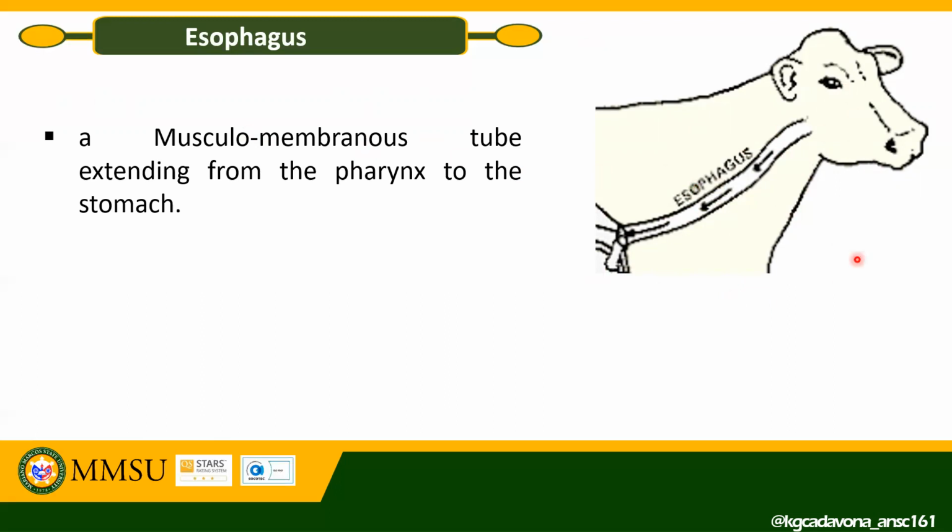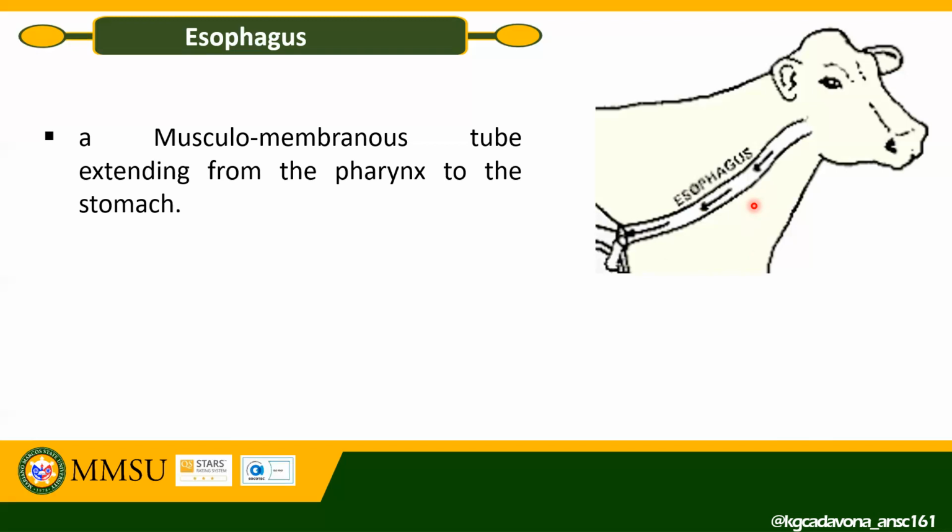Okay? So yun yung ginagawa ni esophagus. So basically importante din siya with the rumination process, wherein the ruminant animal regurgitates the feed from the rumen to the mouth. Okay? For this reason, etong esophagus has the capacity to contract its muscular tubes in both ways. So pwedeng bidirectional movement, from the mouth to the rumen or from the rumen back to the mouth. Kasi yun yung process ng rumination. Okay?